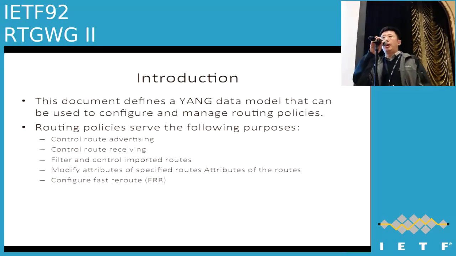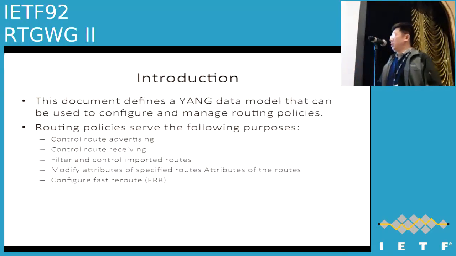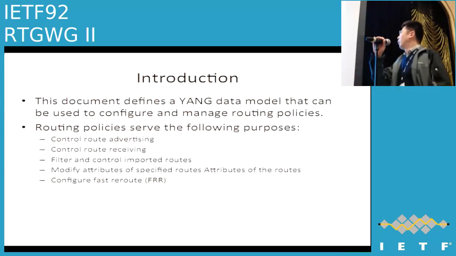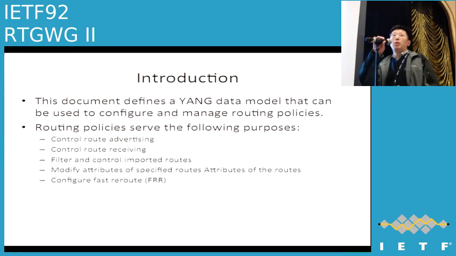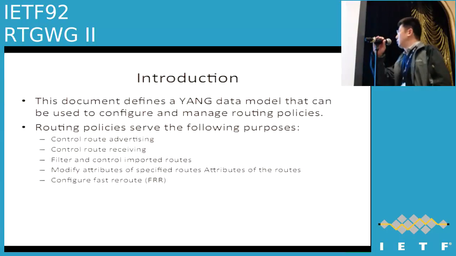From our view, the routing policy supports the following functions: control the route advertisement and control the route receiving; filter routes when different protocols import routes, and modify some attributes; and finally, sometimes we also use the policy to control the FRR. We call it static FRR.